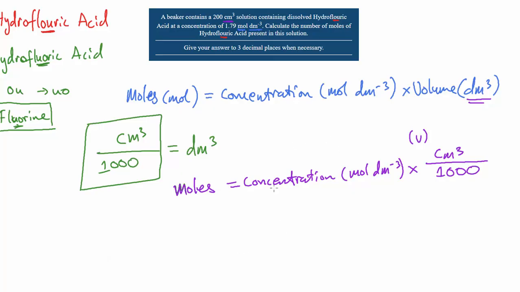And if we look at the numbers given in the question, we can now plug these values in. So the moles is going to be 1.79 multiplied by the volume in cm cubed, which in this case is 200, and then all of that divided by 1000.